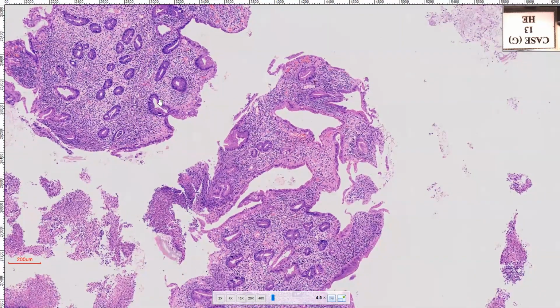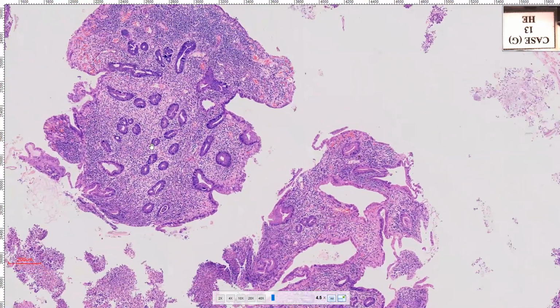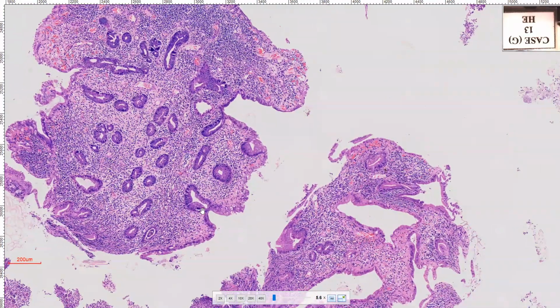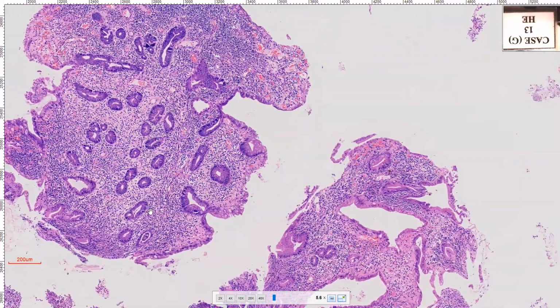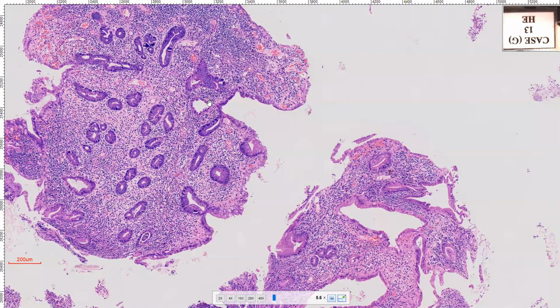This loss of crypts is also accompanied by distortion of the crypt architecture. And why do we say that there is distortion? We say because we are seeing crypts which are showing abnormal shapes. And what are abnormal shapes? A normal crypt will usually be round if it is in a cross section, or it will be longitudinal, a tube-like pattern, if it is a longitudinal cut section.